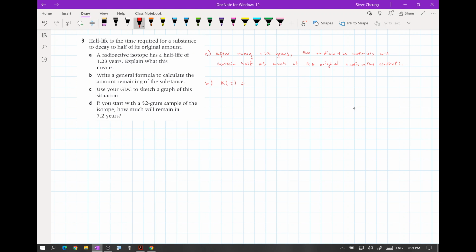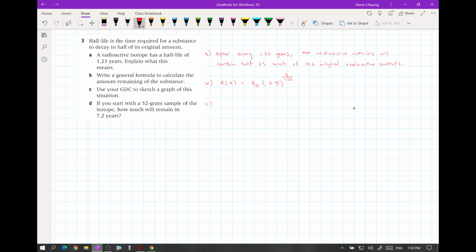Initially we don't know what the amount is, so we will just write down R naught times 0.5 to the power of T, where, sorry, this is for every 1.23 years, so it should be T over 1.23. Just like that first example we had with the white blood cells.